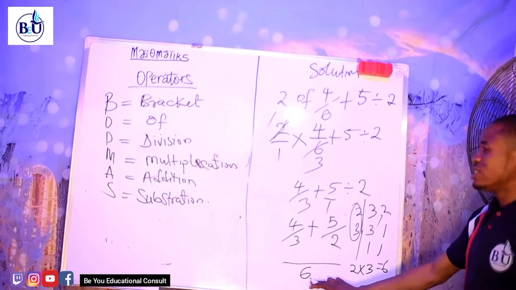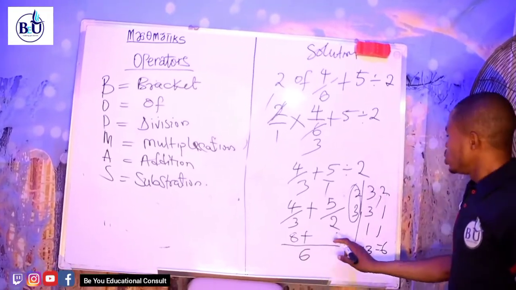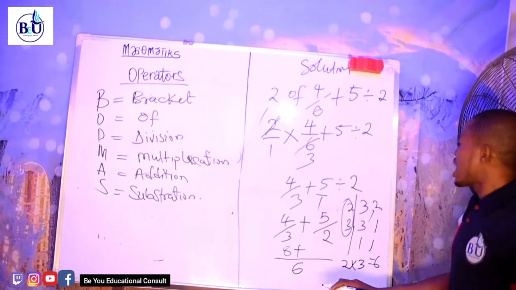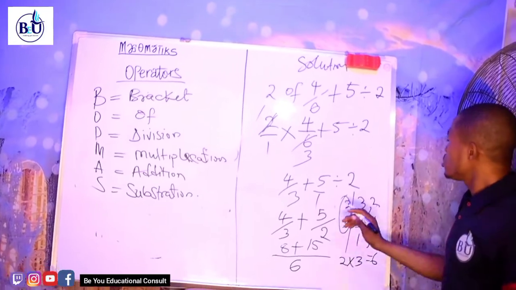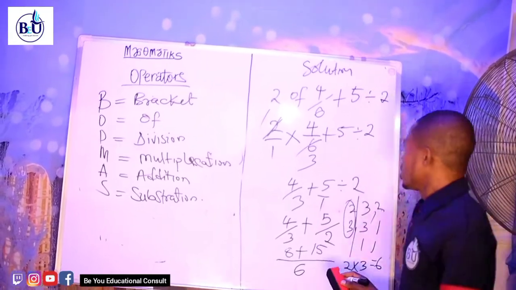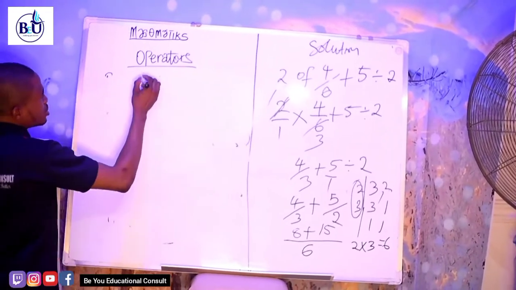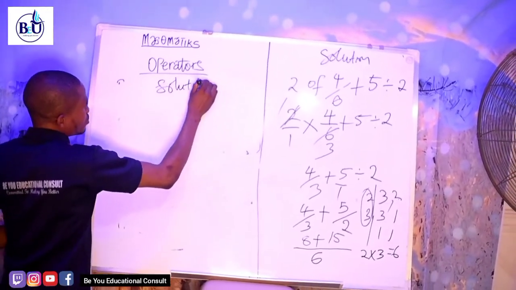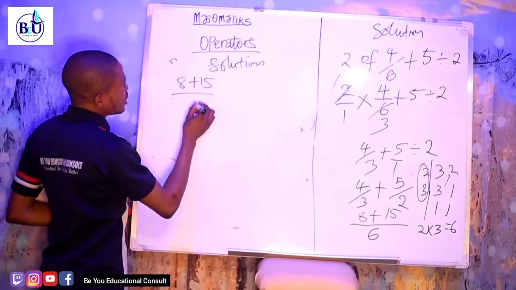So 3 divided by 6 will give you 2. 2 times 4 is 8. Plus 2 divided by 6 will give you 3. 3 times 5 will give you what? 15. So this becomes 8 plus 15 all over 6.